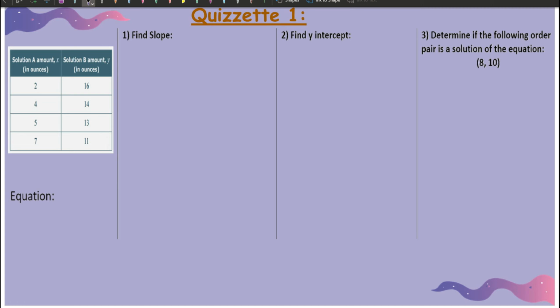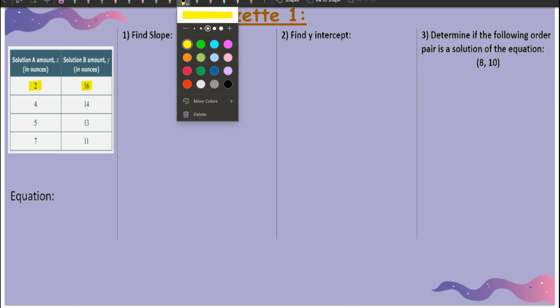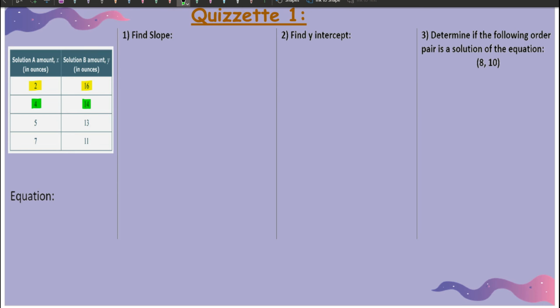I'm going to use the slope formula first. You're going to pick any 2 points from the table. Let's say I'm going to use the first point, 2, 16, and the second point, 4, 4, as an example. Or you can pick any other 2 points and see if you get the same answer, which is supposed to be the same.